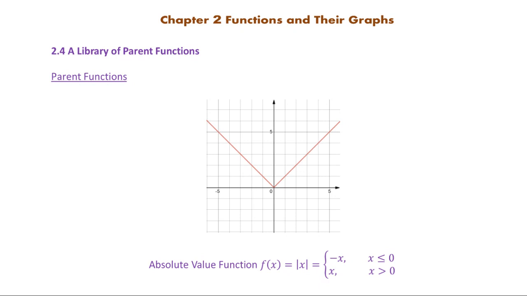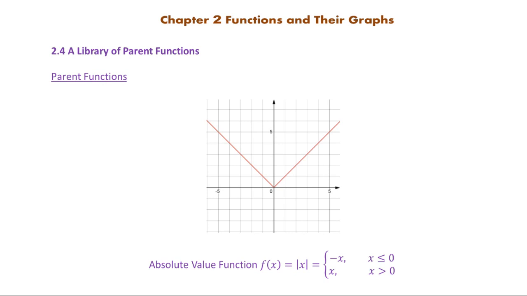We get different rules when you take the absolute value for negative numbers and positive numbers of the variable x. In other words, the rule is different for x negative or positive.